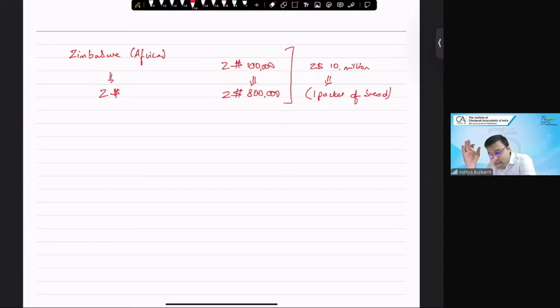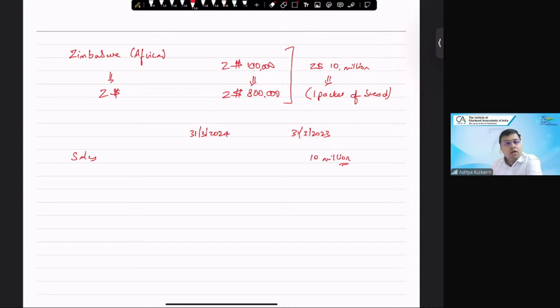So just imagine you are preparing the financial statements of a company incorporated in Zimbabwe with the Zimbabwean dollar as its functional currency, under IFRS. You will prepare a balance sheet at 31st March 2024, a P&L, everything, and you will have a comparable of 31st March 2023. Sales, suppose, are 10 million here.